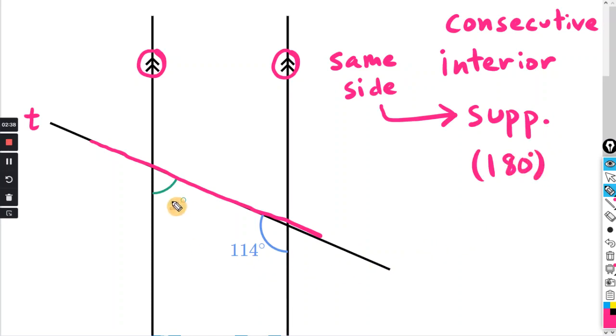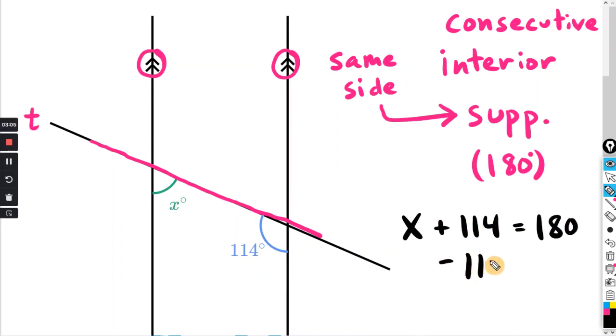So we know that x plus 114 is 180. So we can just subtract 114 from 180. I'll write the equation, but you don't have to. We have x plus 114 equals 180, and that's because these two angles are supplementary.